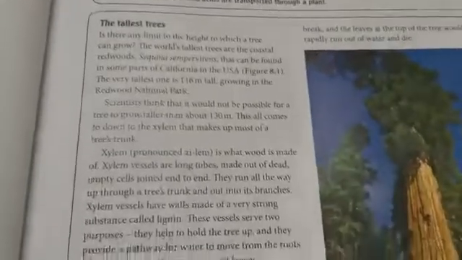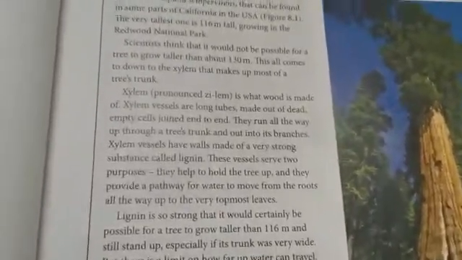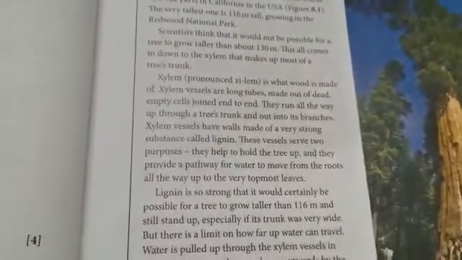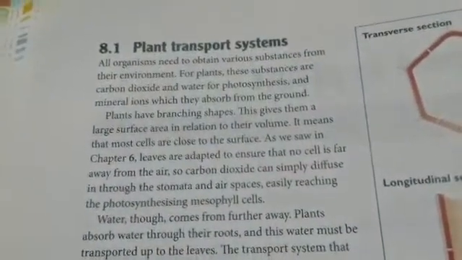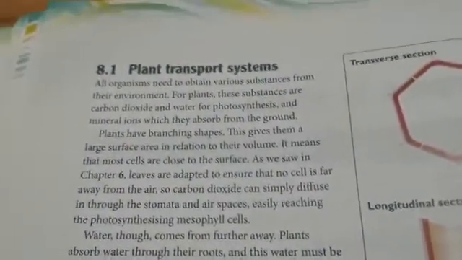If you look down, you can see the tallest tree in California. Turn the page to 94 and you can see the plant transport systems.